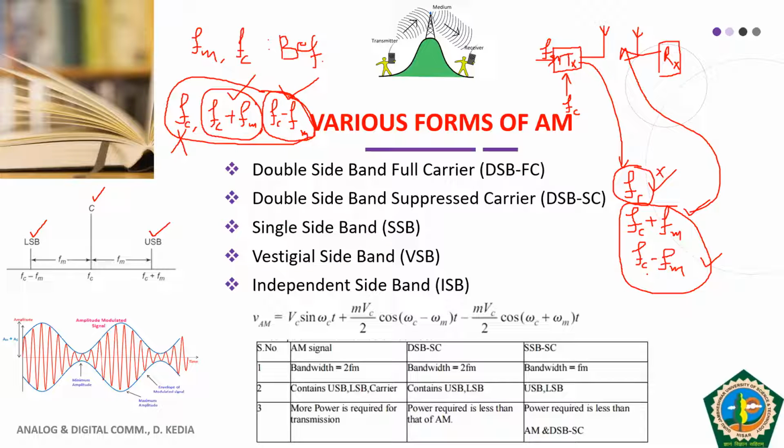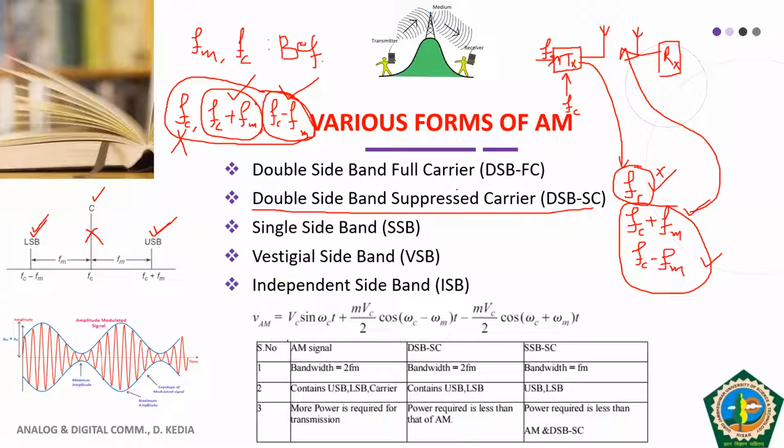So we can think of removing the carrier before transmitting, because we do not need it. We can transmit only the two sidebands, lower sideband and upper sideband, that is FC plus FM and FC minus FM, and we call that double sideband suppressed carrier.